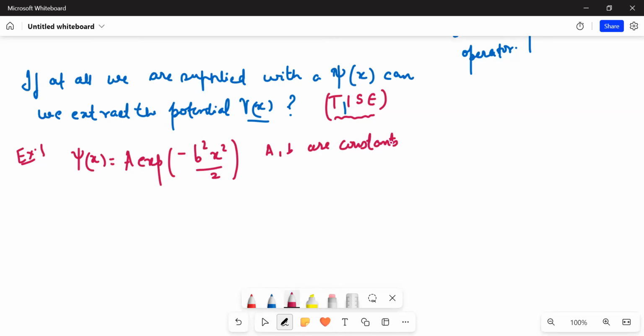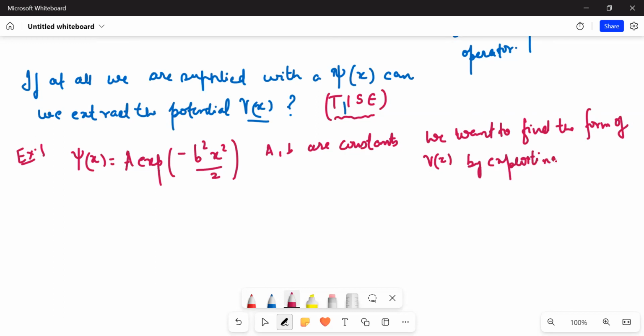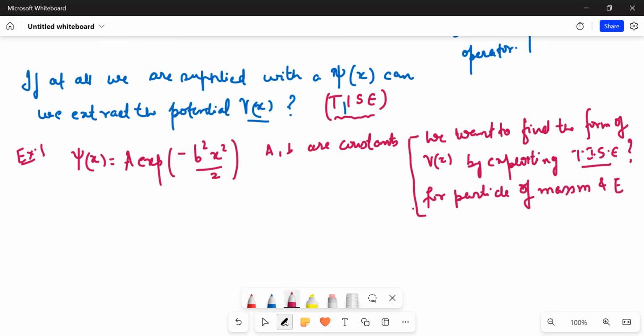And we want to find the form of the potential by exploiting the time-independent Schrodinger equation, for a particle of mass m having energy E.